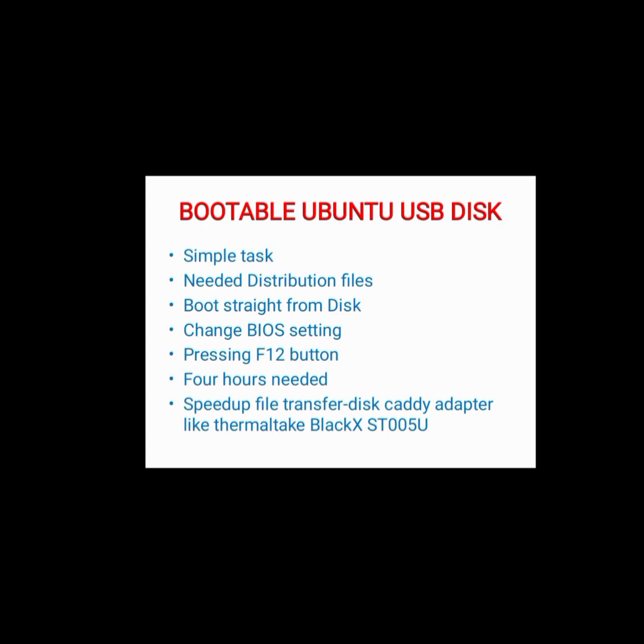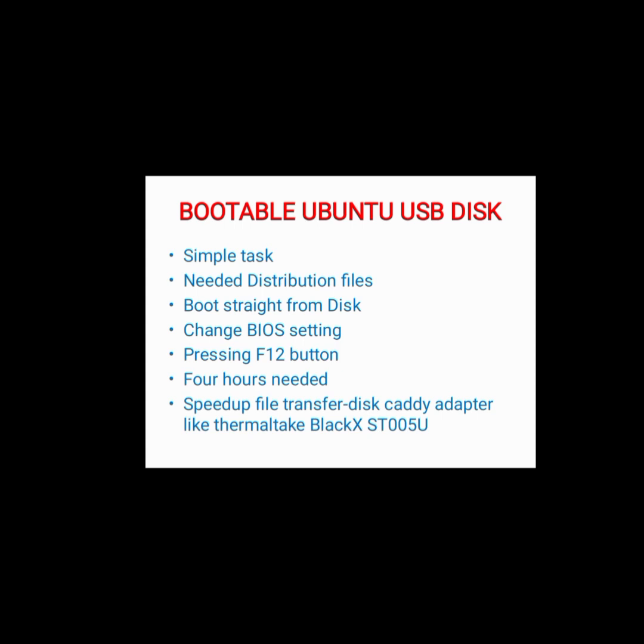Creating a bootable Ubuntu USB disk is a very simple task if you have a running system. For this cloning, we need the distribution files. You should be able to boot straight from the disk once you have created it. We want to change the BIOS, that means basic input output system, setting to allow the system to boot from USB.